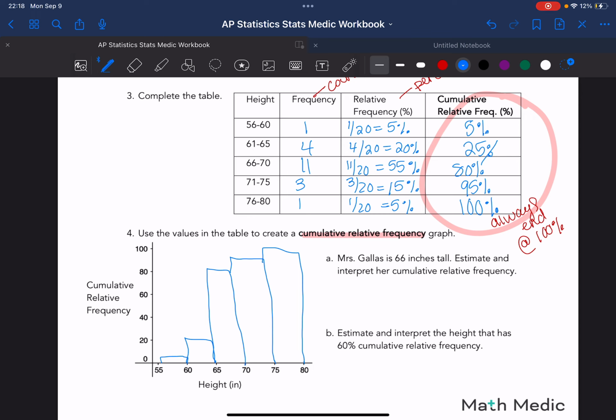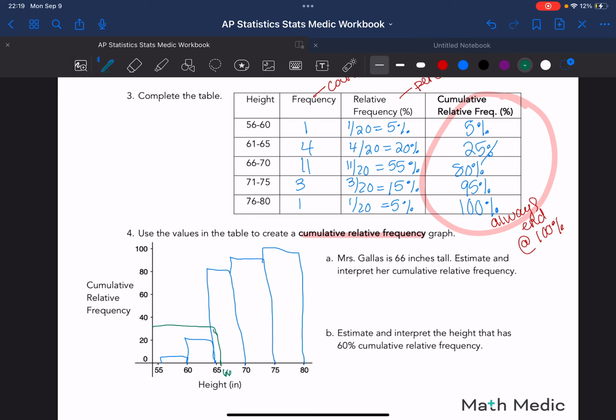Then it says, Miss Gaius is 66 inches tall. Estimate and interpret her cumulative relative frequency. So we are going to find 66, which is about right here. This is 66. And we can say 66 is going to be a little above this one here. Okay.